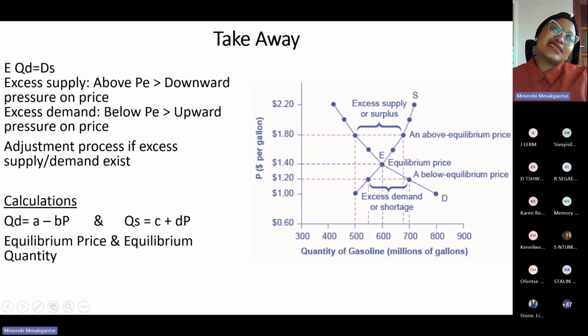Okay, yes, you are correct, sir. Okay, guys. At R1.80 excess supply is around 680. It's just that there's no such number, so we just use 700, Mr. Katiso.